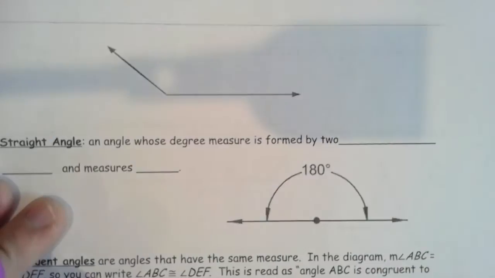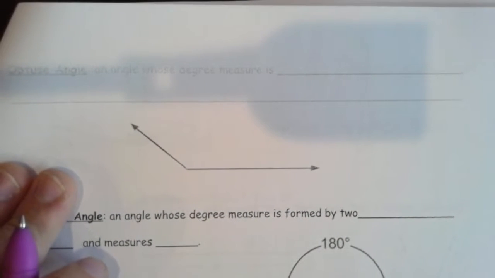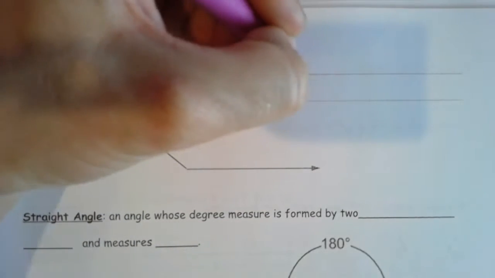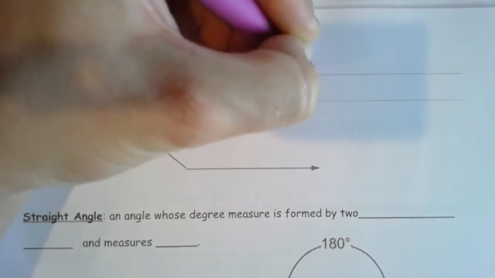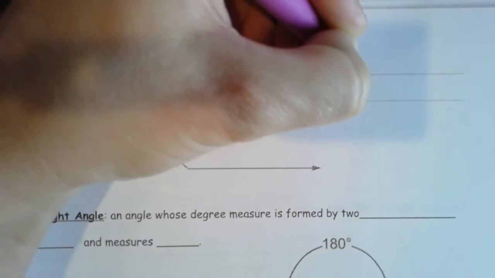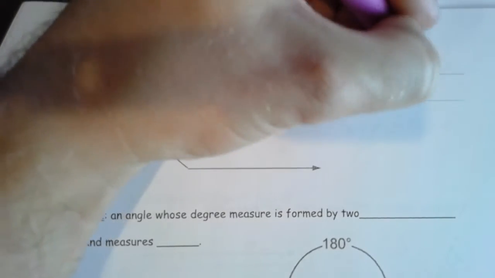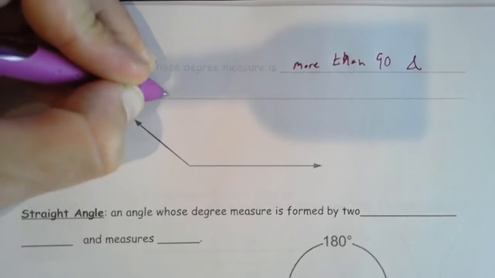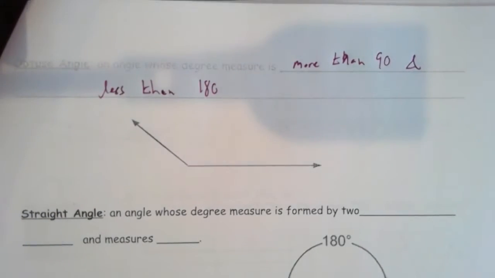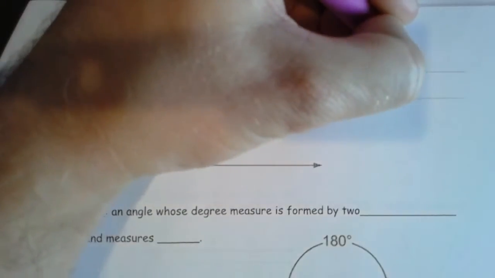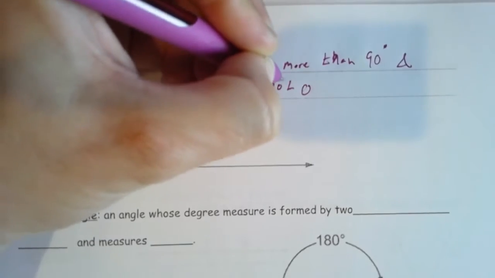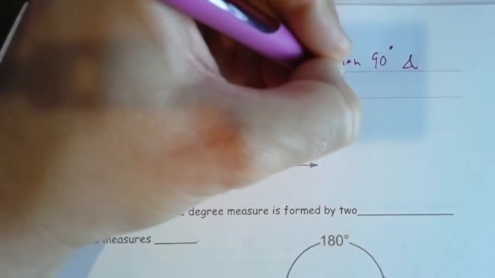Moving right along. An obtuse angle is an angle whose degree measure is more than 90 and less than 180 degrees. So in other words, if I have an obtuse angle, it should be more than 90 degrees but less than 180.